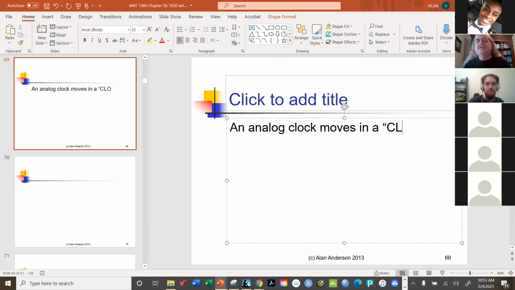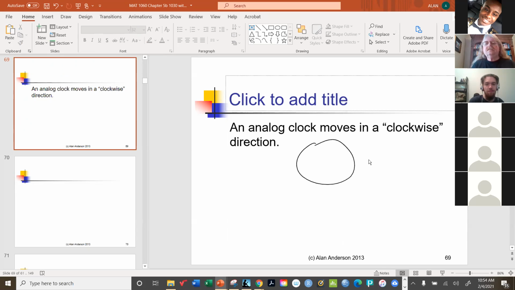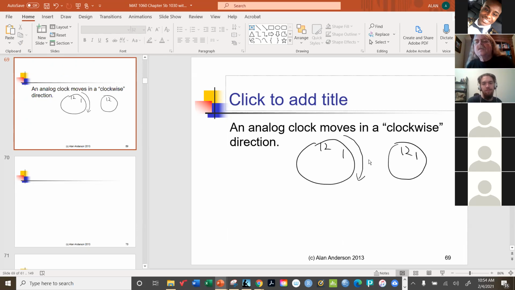Now, here's the big question. In other words, the way we define clockwise is this way. Now, when you stop and think about it, clocks could have just as easily been designed to go this way.